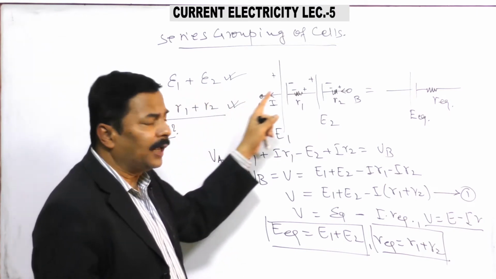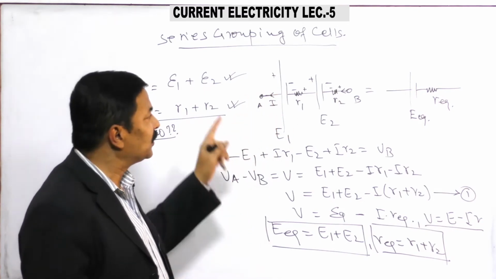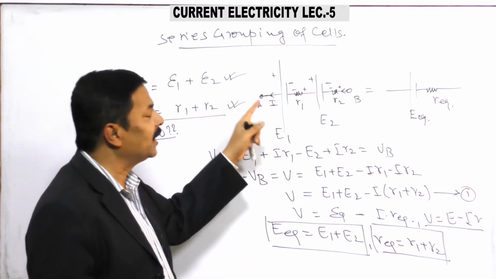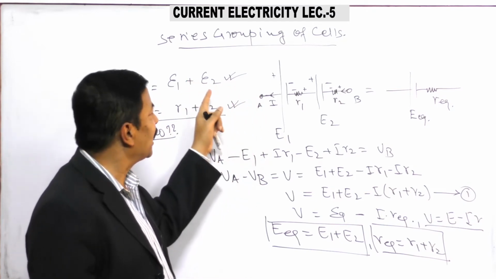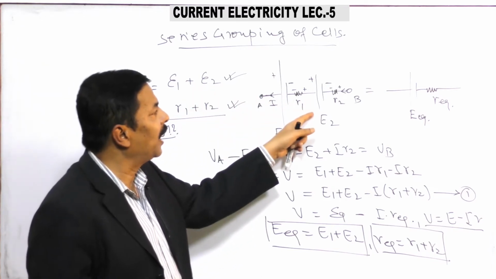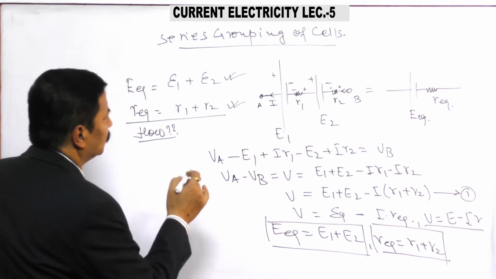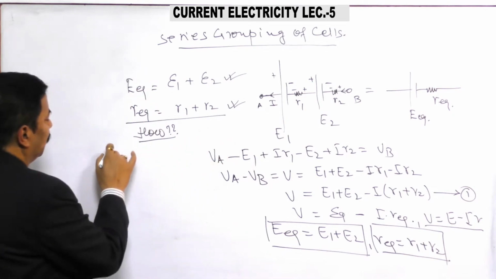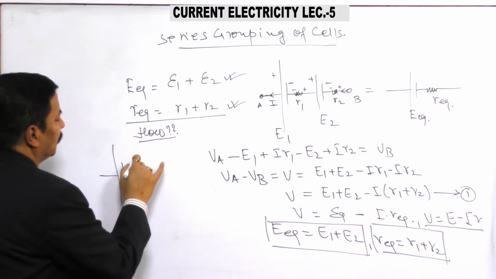So in series combination, if the polarity changes, the cell whose polarity has changed has to be written with a negative sign. Here only I am showing you, here is the polarity I am changing.